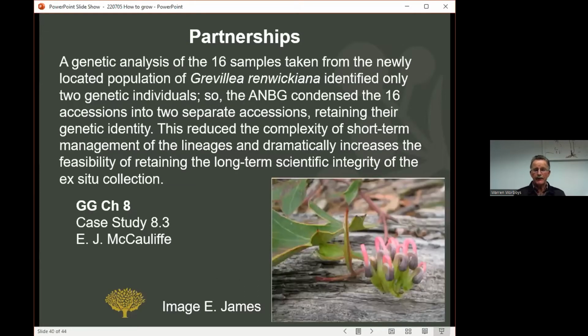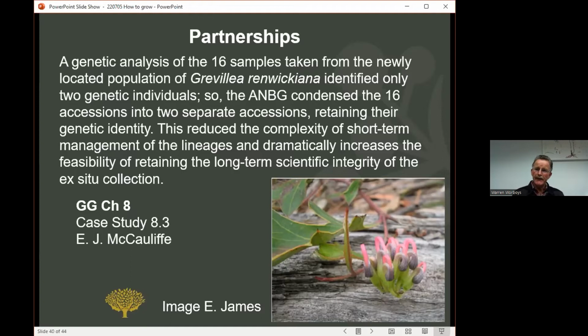Partnerships are really important. It's already been emphasised a few times. One of the examples that has been promoted in the germplasm guidelines in Chapter 8: Joe McAuliffe has a private property in bushland outside of the Canberra territory, and Joe's property ended up having a number of plants of the Grevillea renwickii.